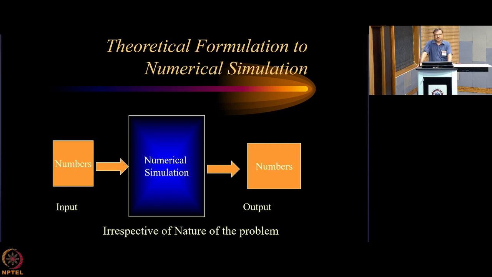So in the simulation there is a black box at the center, which is the numerical simulation, having algebraic equations which have resulted from some differential equations which represent a process. Now, for the numerical simulation in a computer, that is a black box, and what you give as input are some numbers, and at the output also you get some numbers.